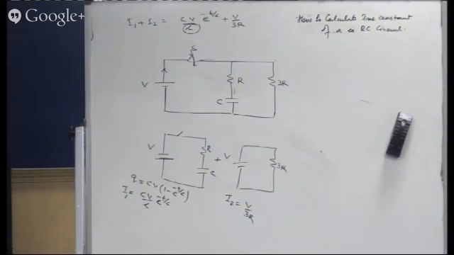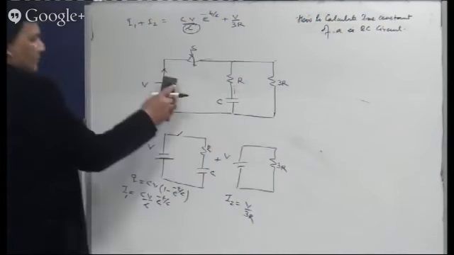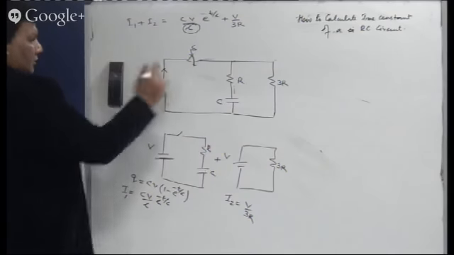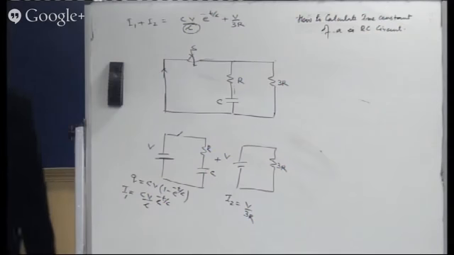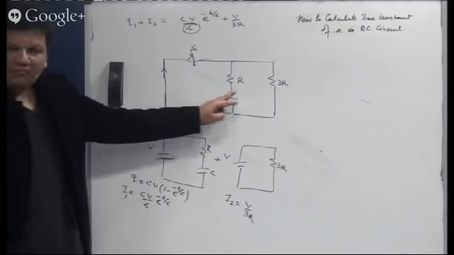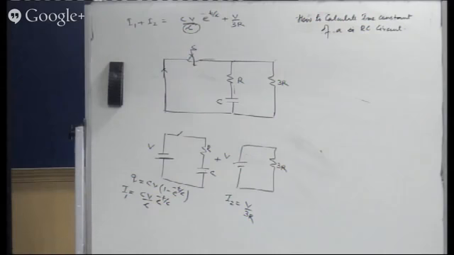To calculate tau, battery. क्या कहा मैंने? Number one. This is step number one. Short the battery. Step two. Do you have more resistances or more capacitors? Single क्या है इसके अंदर?